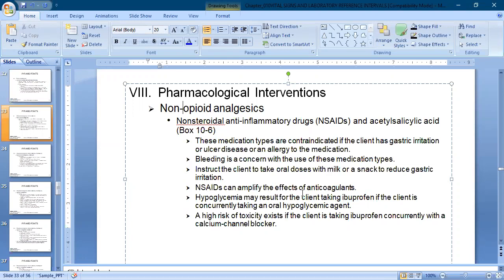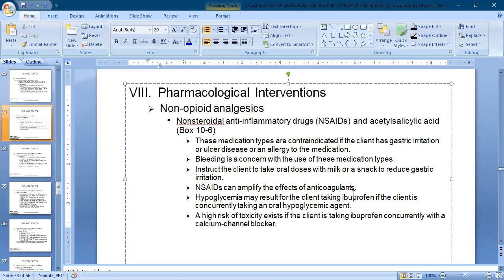So anticoagulant activity will increase with aspirin and warfarin, or aspirin and heparin, and bleeding time increases. Hypoglycemia may also result for the client taking ibuprofen.